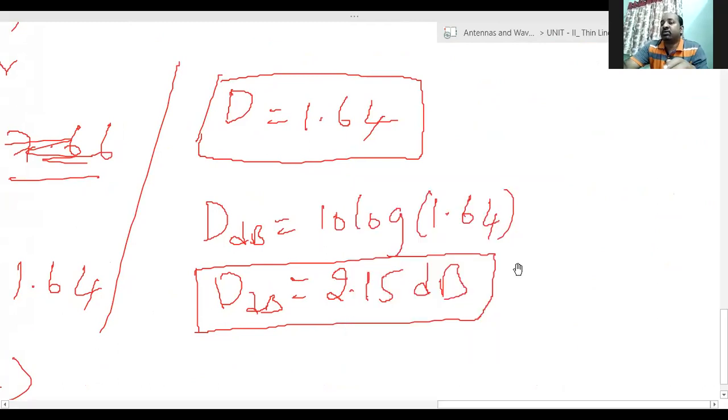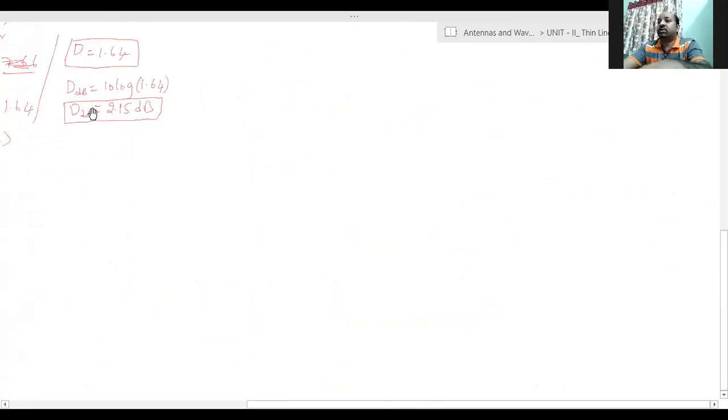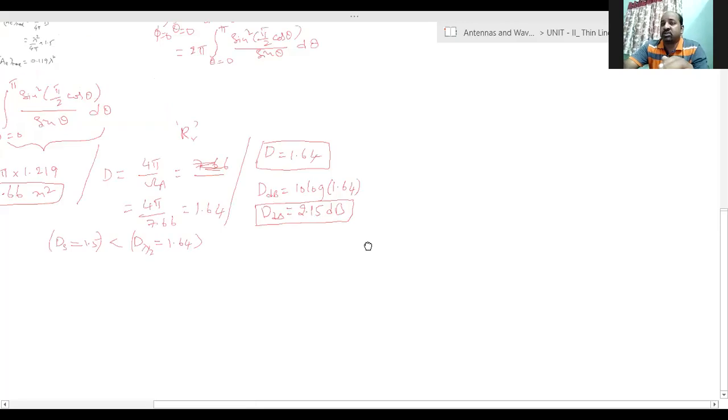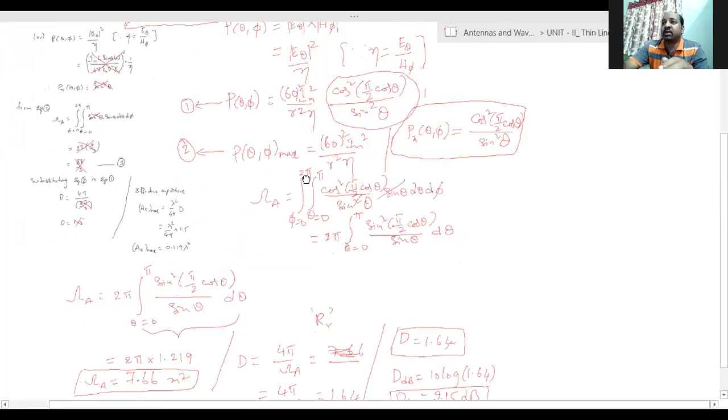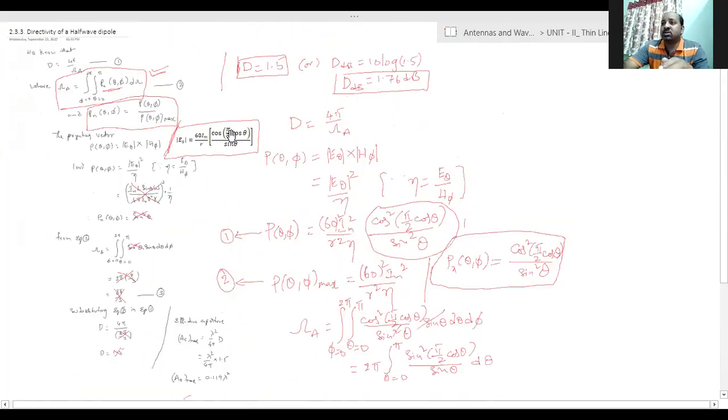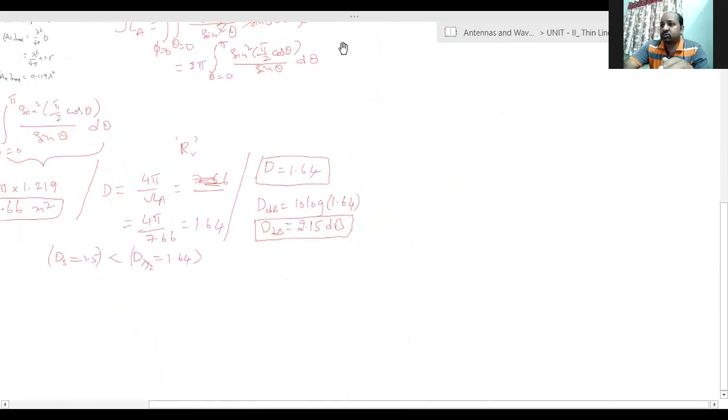So this is how we can determine directivity. The same procedure we have followed. There is no separate procedure to determine radiation resistance or directivity or beam area, whatever it may be. The procedure is the same.